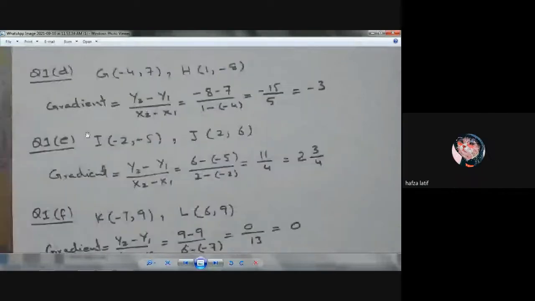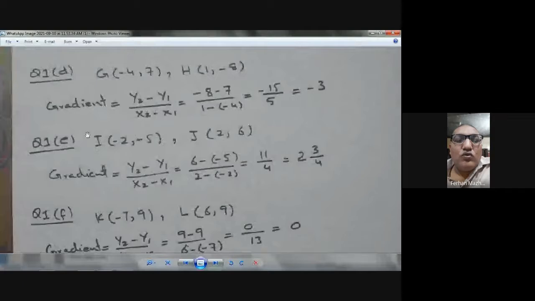Yes, sir. Okay. Question number one, next part, the point G, its coordinates are minus 4, comma 7. H is 1, comma minus 8. The gradient formula is y2 minus y1 divided by x2 minus x1. So it will be minus 8 minus 7 divided by 1, x2 is 1, minus is in the formula, and then the x1 value is minus 4.